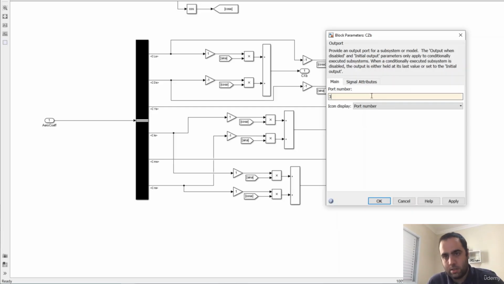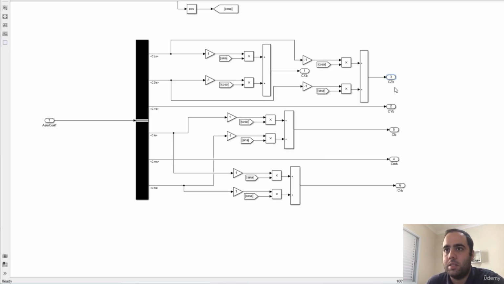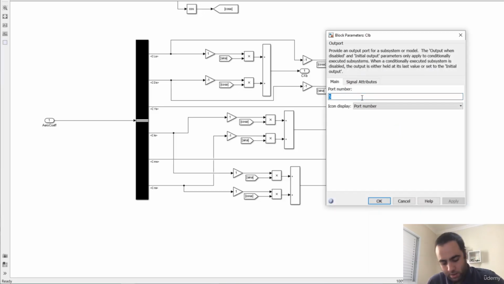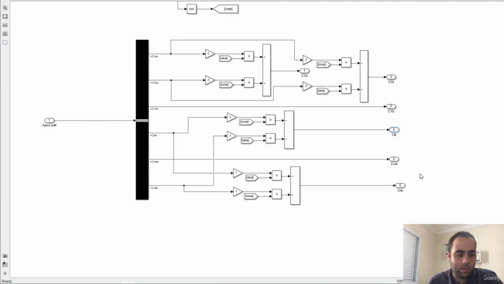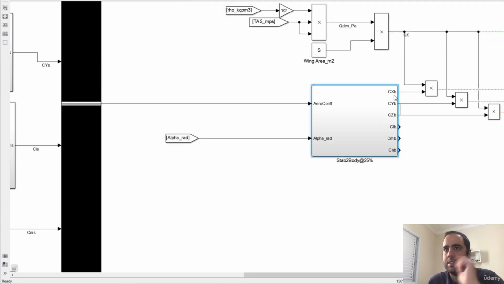So I'll just change the port number here to the third one. Now the Y is the second one, that's okay. And I want the L to be the fourth port, and M the fifth. Okay, now it's okay. Let's just reroute the signal here. So here's the Y, and here's the Z. Now I have the Z with the Z, the Y with the Y, and the X aligned with the X.